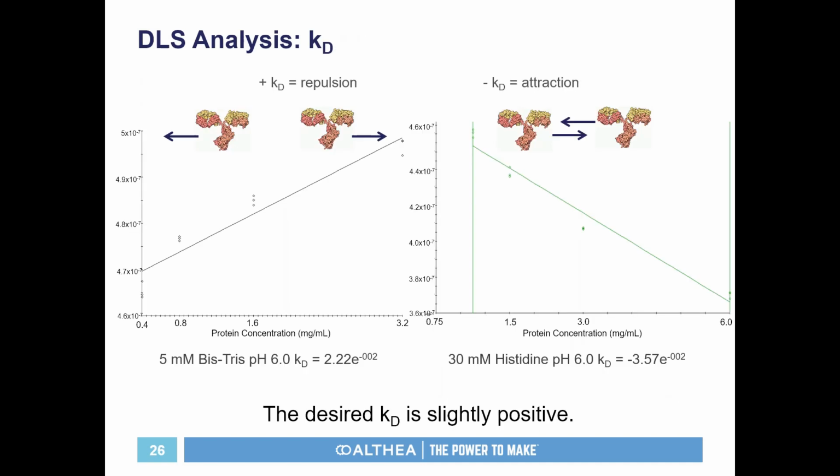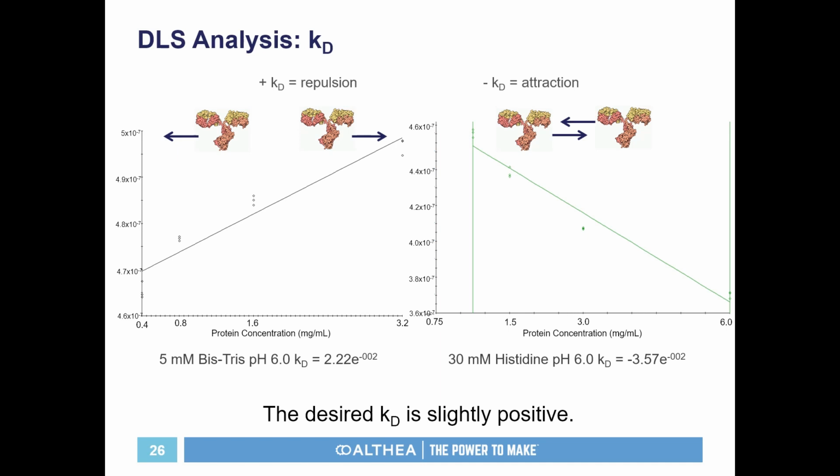When we looked at the KD, you can see that a positive KD is where the molecules are repulsed from each other. So they don't really want to be close to each other. They aren't attractive. They're unlikely to cause aggregates.